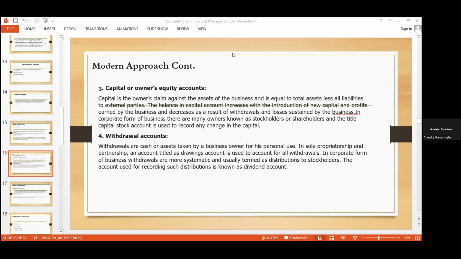Some owners invested 5 million in January for the company, and they withdrew some part of the money from August to September. We debit the withdrawal amount and credit the investment.